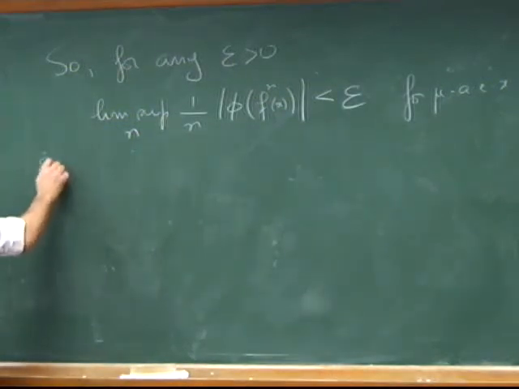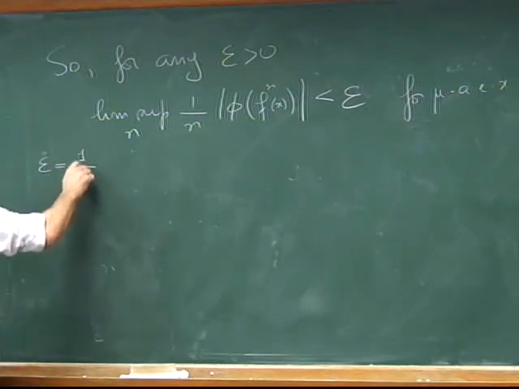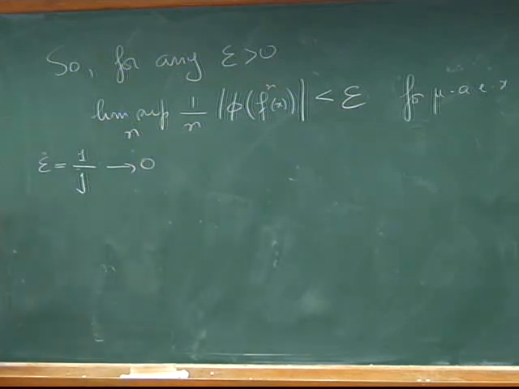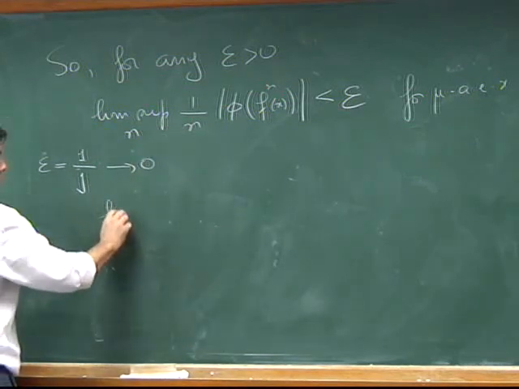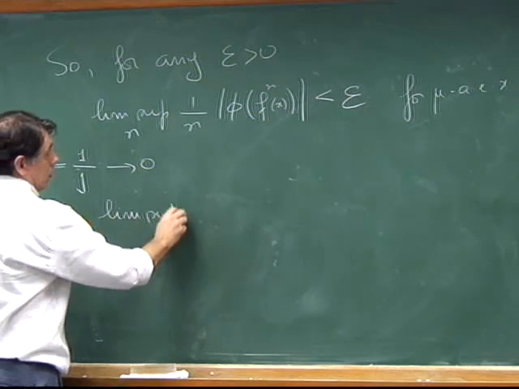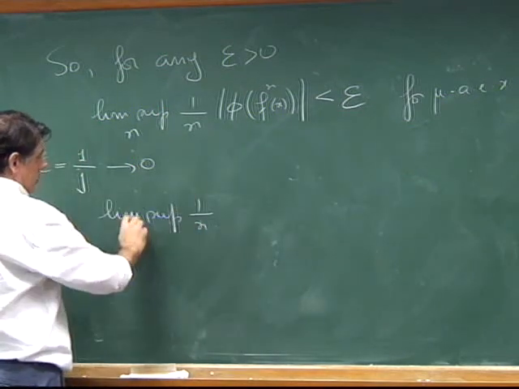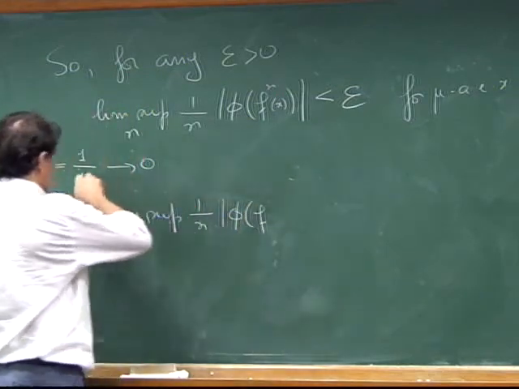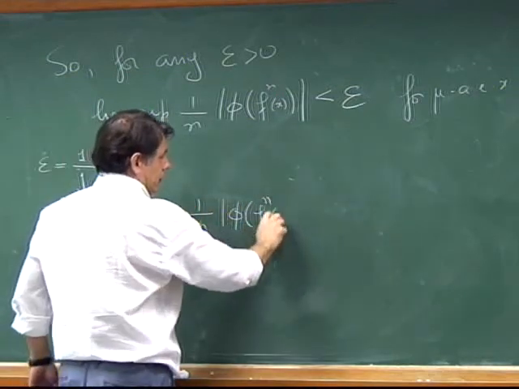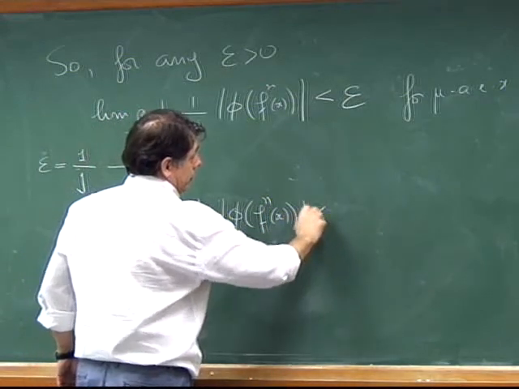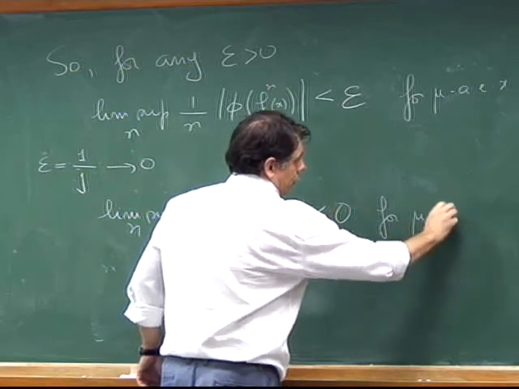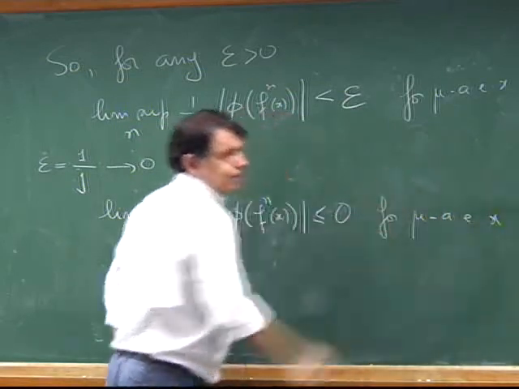Now you take epsilon equal to 1 over j going to 0, and you conclude that the lim sup of 1 over n phi f^n is less or equal than 0 for mu almost every x.